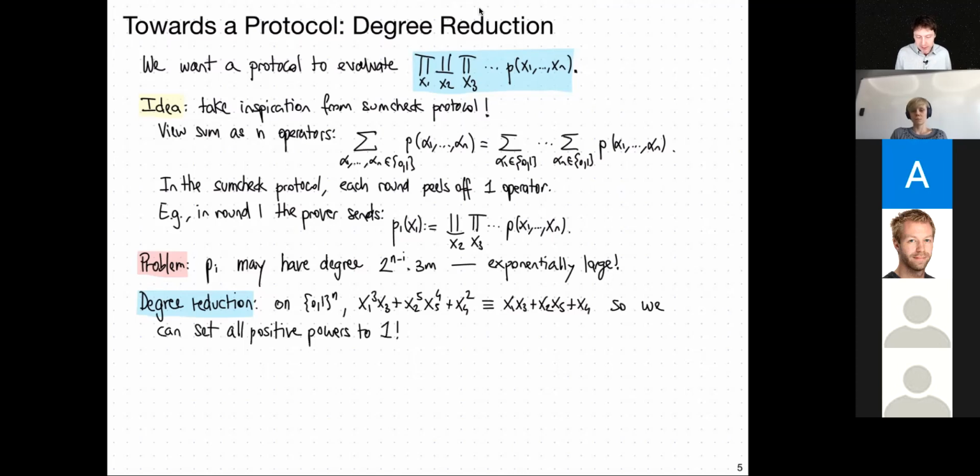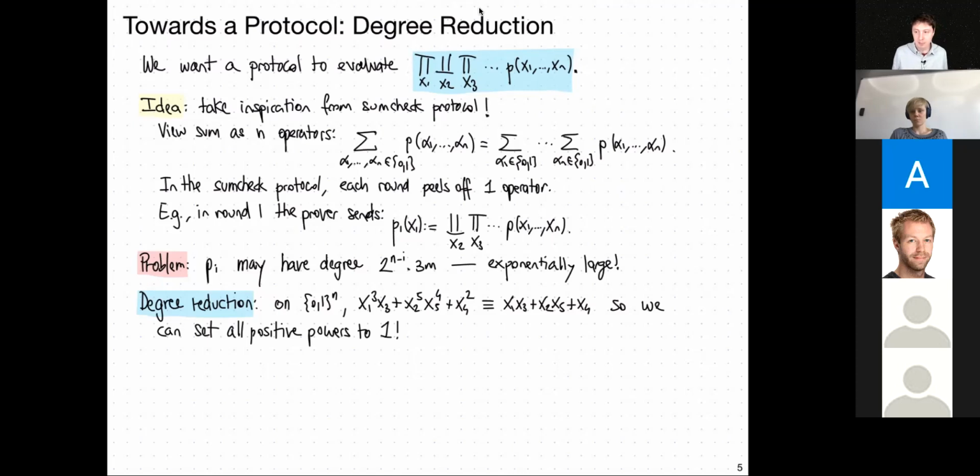So here the rough idea is that we only really care about what happens on the Boolean hypercube. And on this very special Boolean domain, many polynomials behave the same. So for example, this multivariate polynomial with all kinds of degrees has the same value as this other polynomial, where we took any degree greater than 1 and formally replaced it by degree 1. Obviously we're not introducing new monomials.